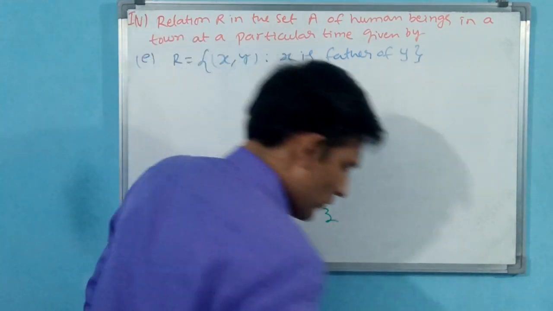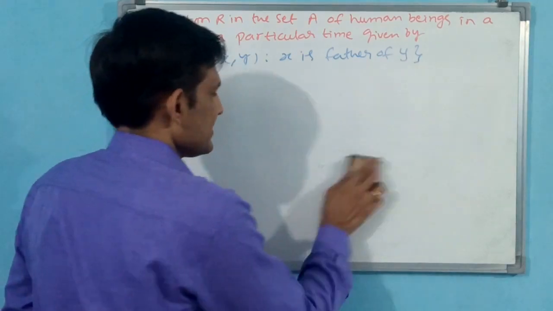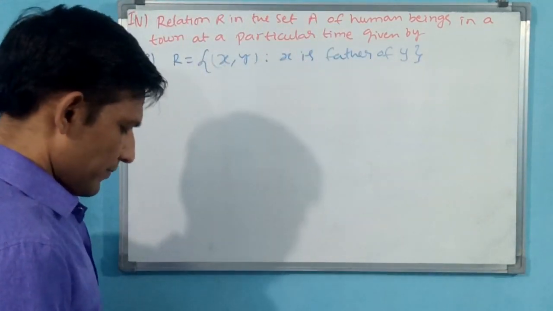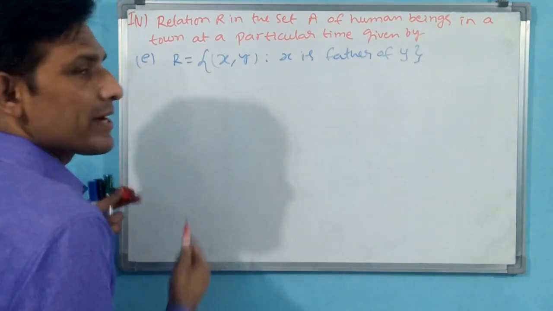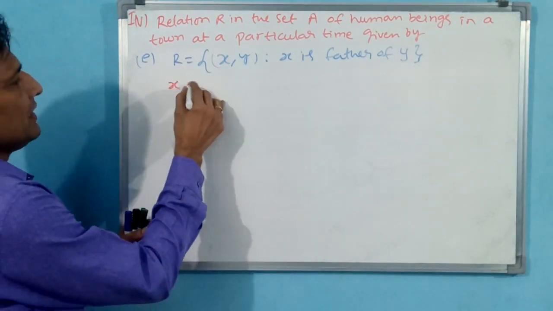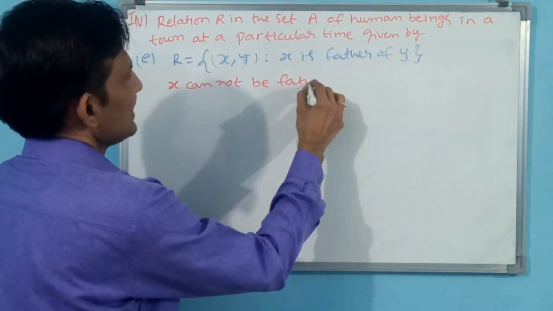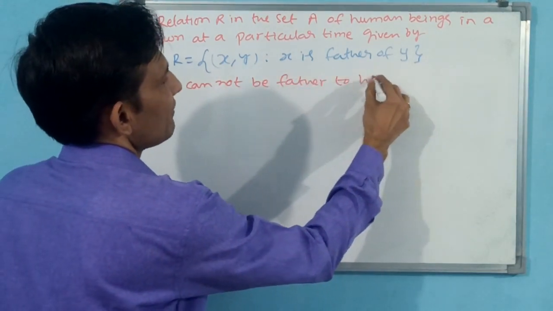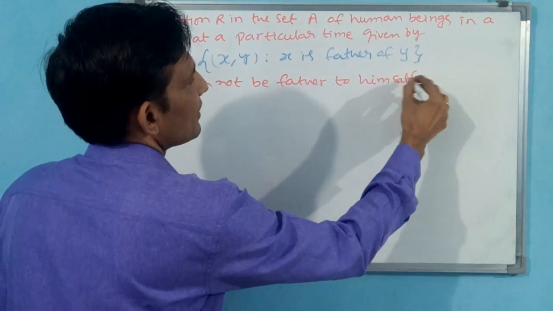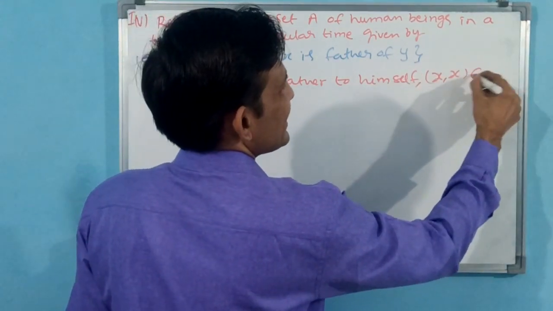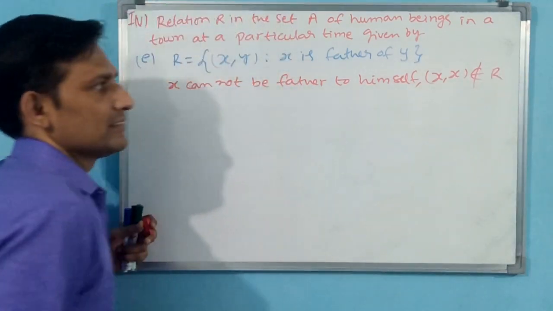Now we write here. How we are writing, you see. Okay, I am writing like this. X cannot be father to himself. Okay, (x, x) does not belong to R. That you have to write.